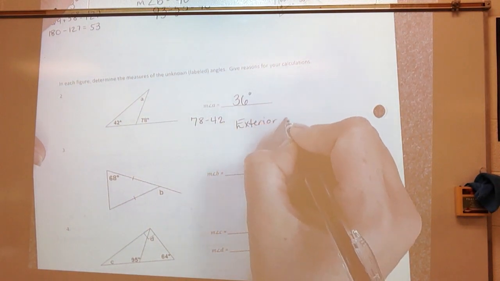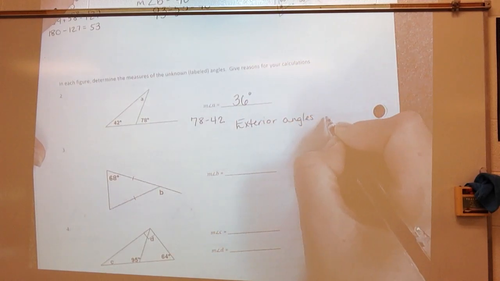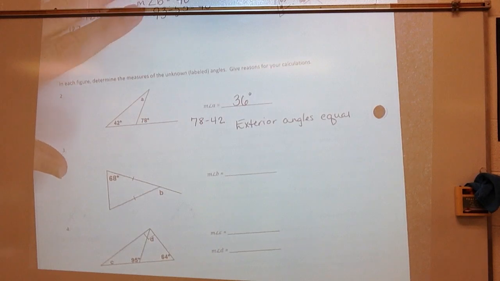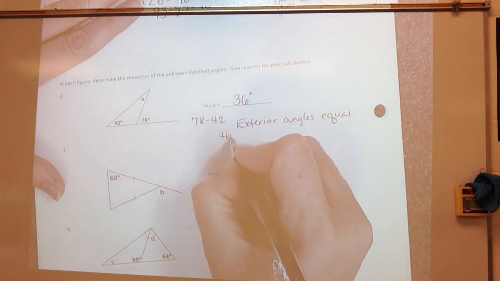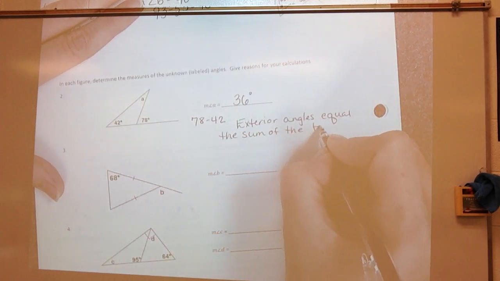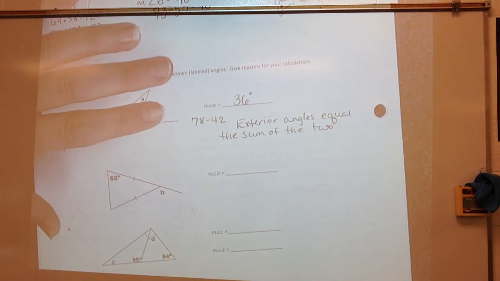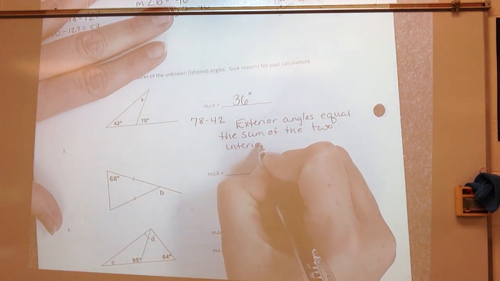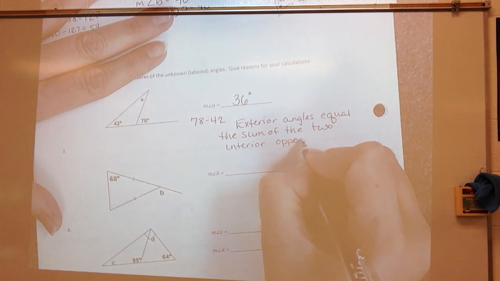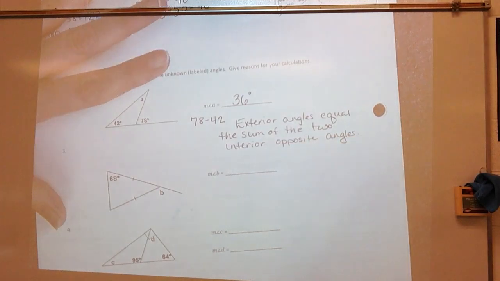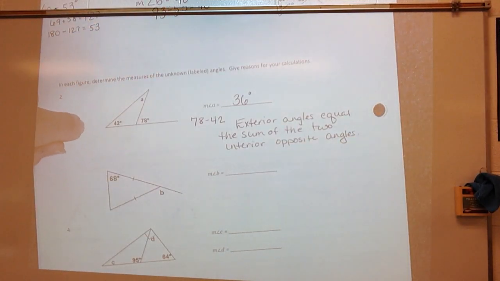Exterior angles equal the sum of the two interior opposite angles. Okay?